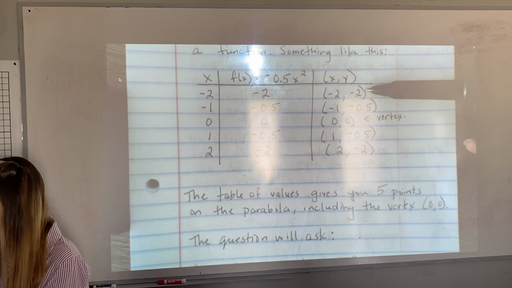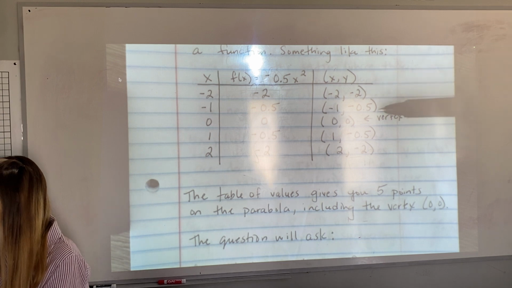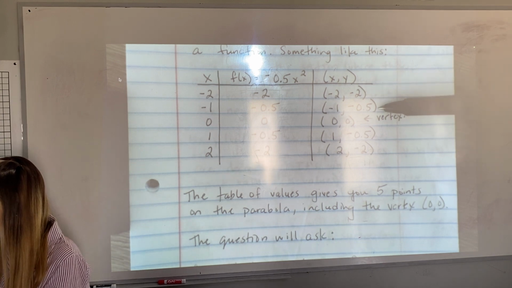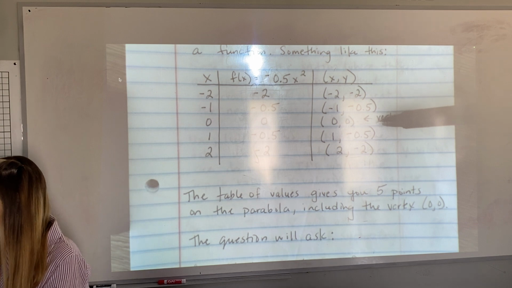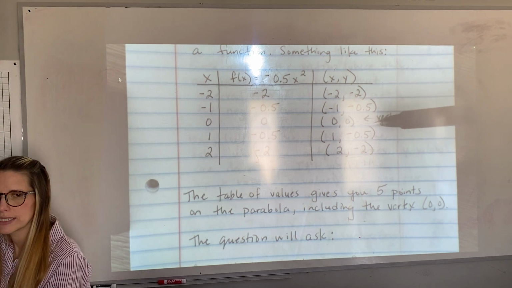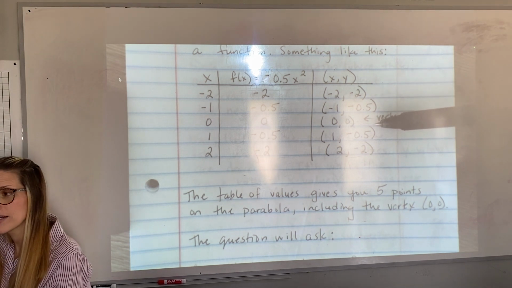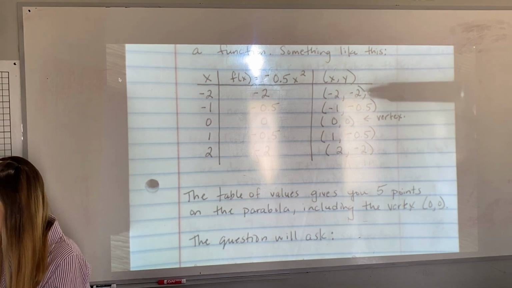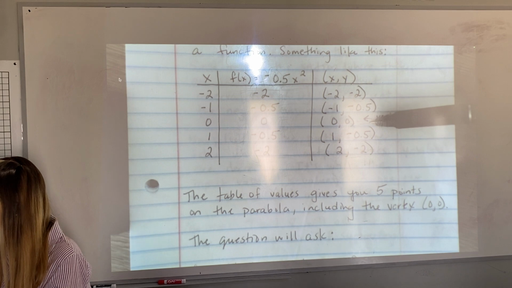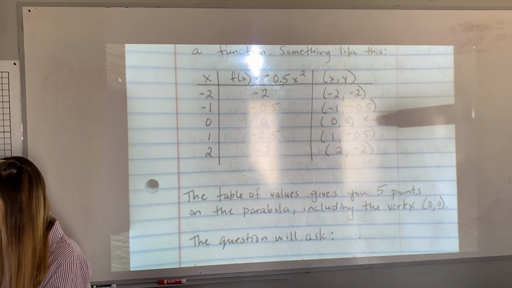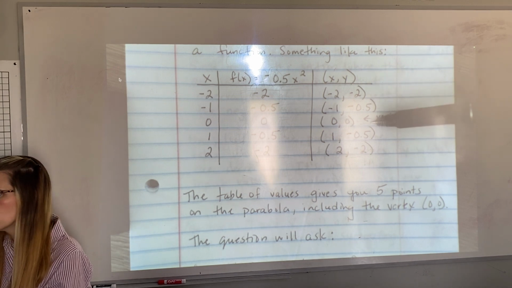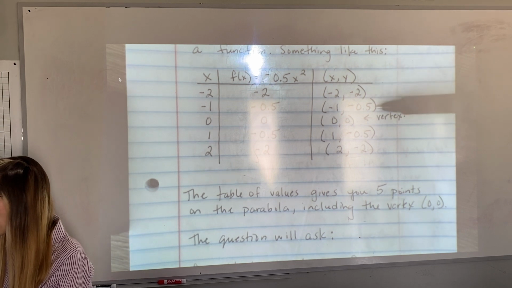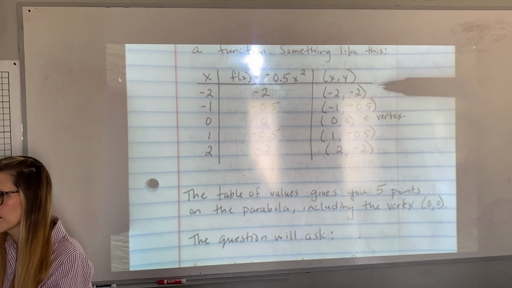To go from -2 to -0.5 to 0, are those outputs increasing or decreasing? They are increasing. Because -2 is lower than this, and that's lower than 0, so from here to here, it's increasing. So we found the space where it's increasing.